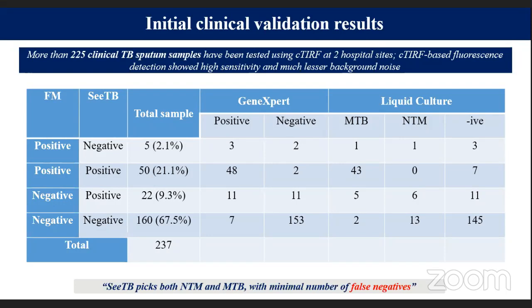Since culture is the most sensitive and the gold standard, it can pick all those numbers as well, which were not observed by GeneXpert, and these positives were also observed positive by our samples, because they get stained, and in microscopy it does not make any difference whether it's Mycobacterium tuberculosis or non-tuberculosis mycobacterium, because all mycobacteria get stained.